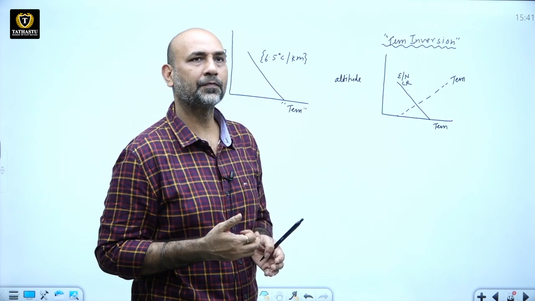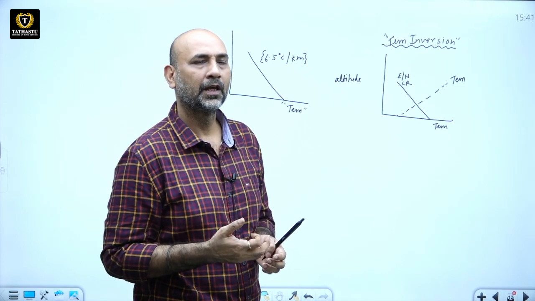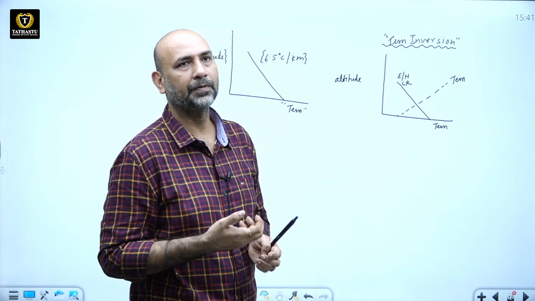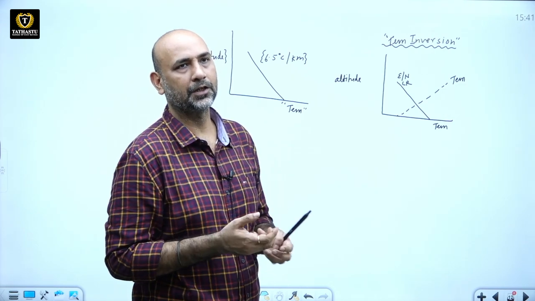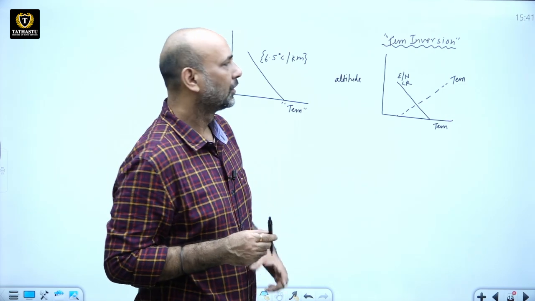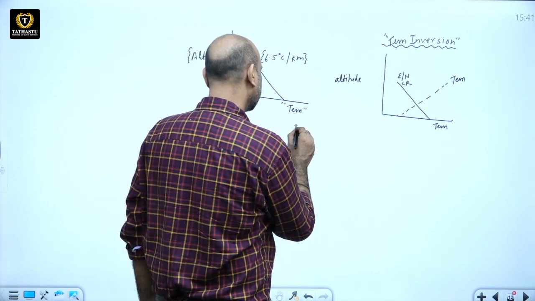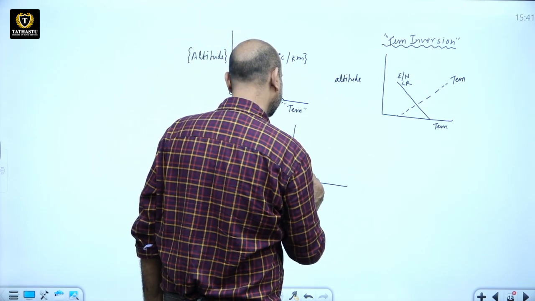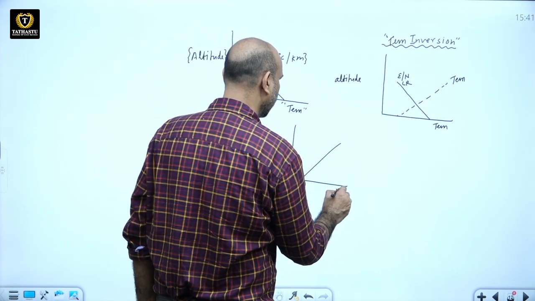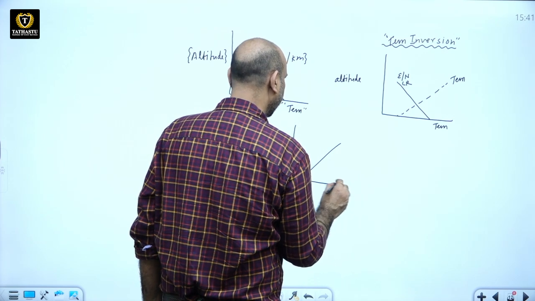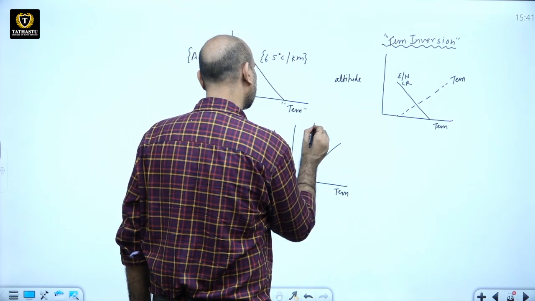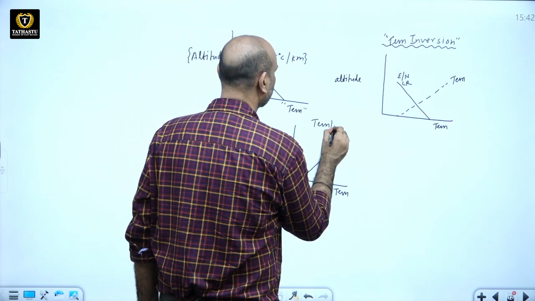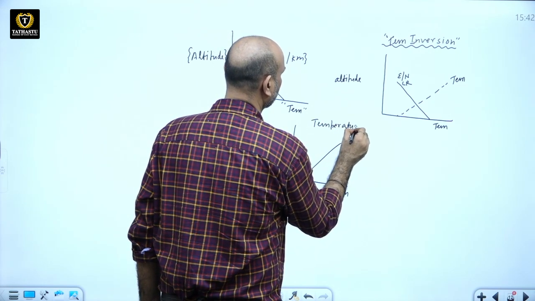The part of the troposphere close to the surface is heated more compared to something relatively above the surface. So this is the diagram indicating a state of temperature inversion. Temperature on the x-axis, altitude on the y-axis. This is called temperature inversion.